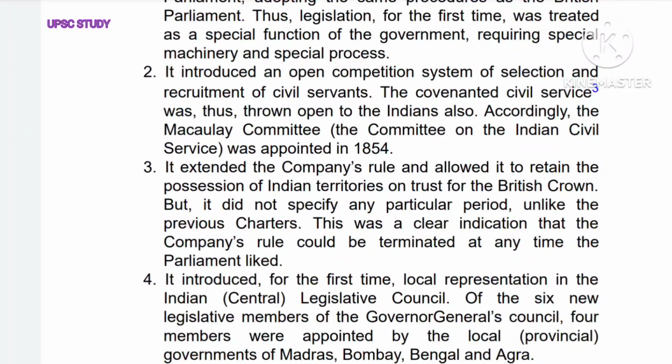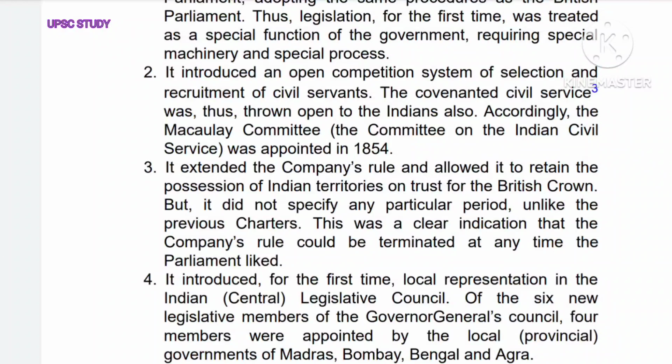Number 3. It extended the company's rule and allowed it to retain the possession of Indian territories on trust for the British Crown, but it did not specify any particular period, unlike the previous charters. This was a clear indication that the company's rule could be terminated at any time the Parliament liked.